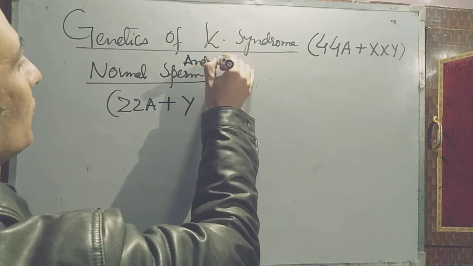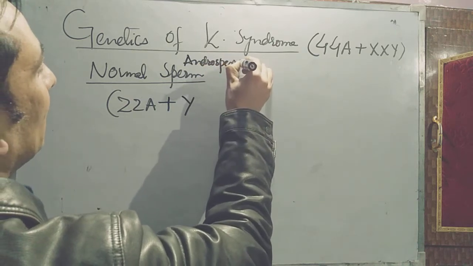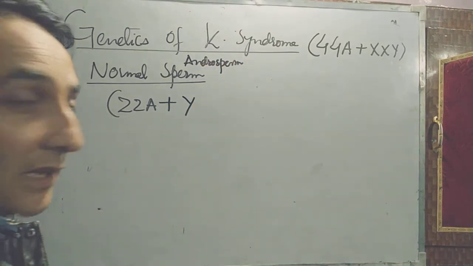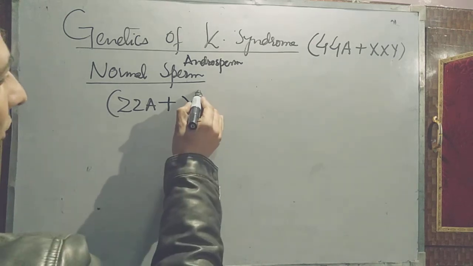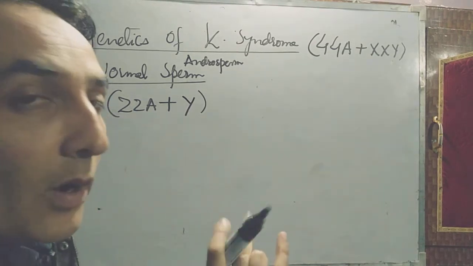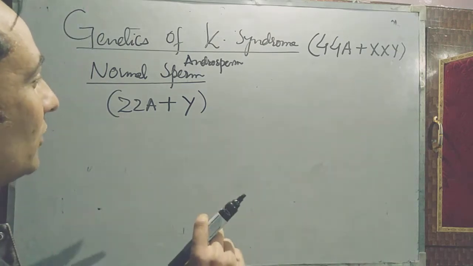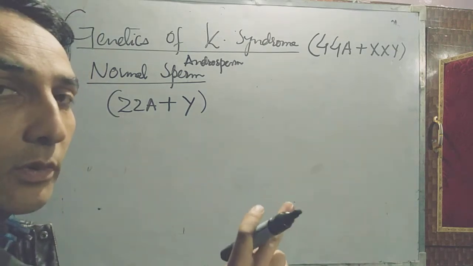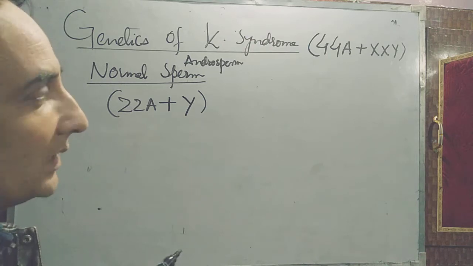If a normal androsperm, you might have understood earlier when we dealt with sex determination in humans, that in humans two types of spermatozoa are formed, one with the chromosomal formula 22A plus X, that's known as gynosperm, and another with the chromosomal formula 22A plus Y, which is known as androsperm.